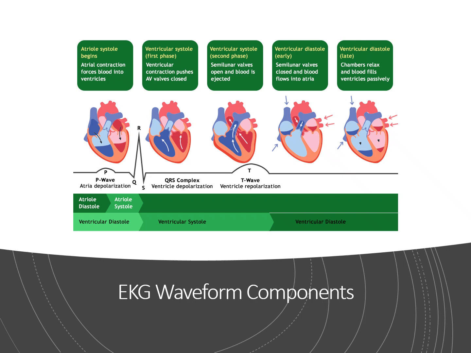The T wave follows the QRS and represents ventricular repolarization, or the heart resetting or resting for the next beat. Now, this is where it can kind of get interesting. We can see T wave inversions or peaking, which can signal ischemia, electrolyte disturbances, or even evolving MIs.